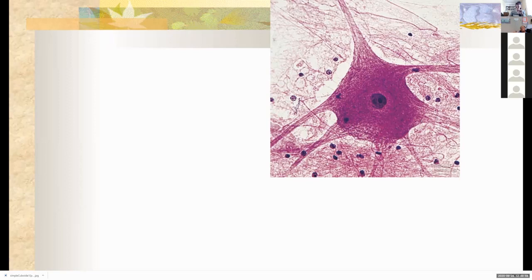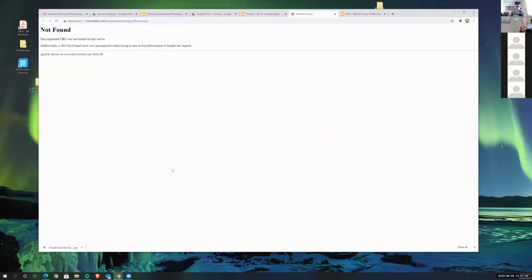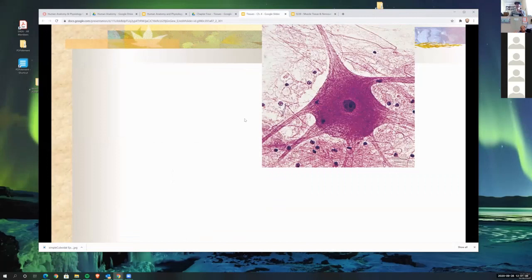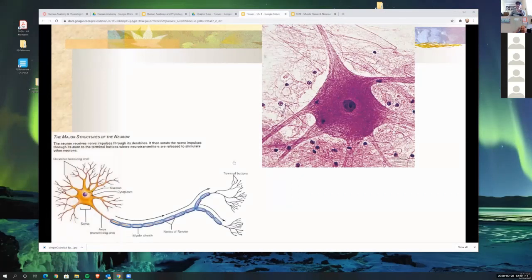So this is definitely a nerve cell, a neuron. It's actually what we call a giant multipolar neuron.